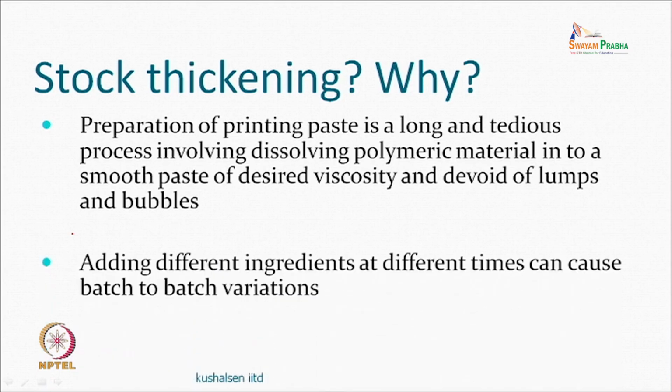And this thickening also contains various ingredients. Suppose you are supposed to print with a reactive dye, then some of the ingredients are put in the stock thickening itself. And if you keep adding and making the thickening paste every time that you need, then you will cause a lot of batch to batch variations.